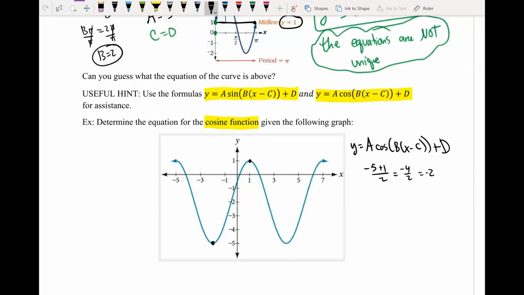So this is telling you that at -2, this guy is divided in half. You can see 1, 2, 3 down, 1, 2, 3 up. Okay, so y equals -2 is my midline. Okay, also you can just count. Whatever helps you. So this tells you that d is going to be equal to -2. So this graph was shifted down 2 units.